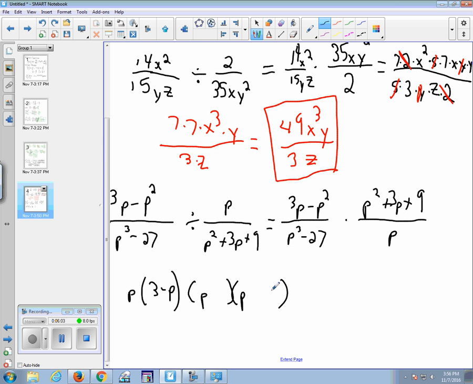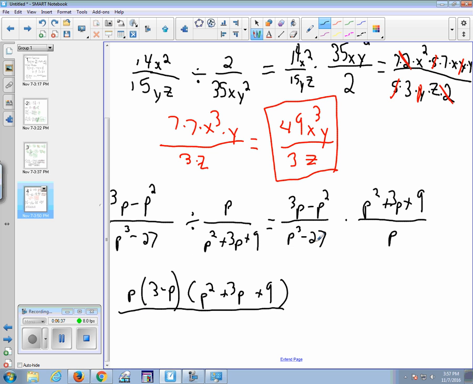If it's 3 and 3, that's 3p and 3p, that's 6p. Doesn't work. If it's 1 and 9, 1p and 9p, that's 10p. That doesn't work. This trinomial does not factor. I've got to get rid of those extra parentheses. This just stays p squared plus 3p plus 9. Pretty unsatisfying.